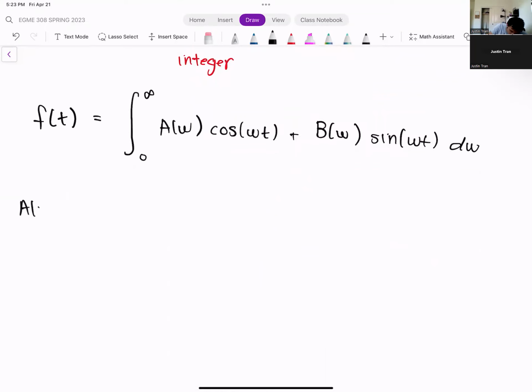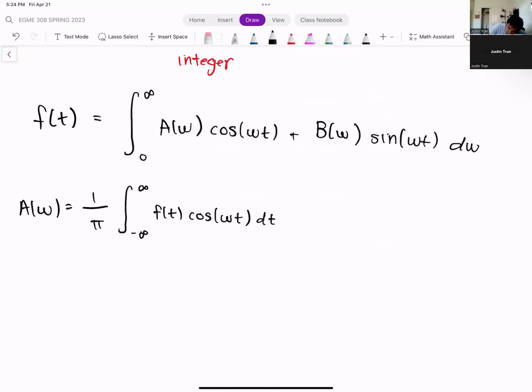A of omega is equal to 1 over pi times the integral from minus infinity to infinity of our function f of t cosine omega t dt.